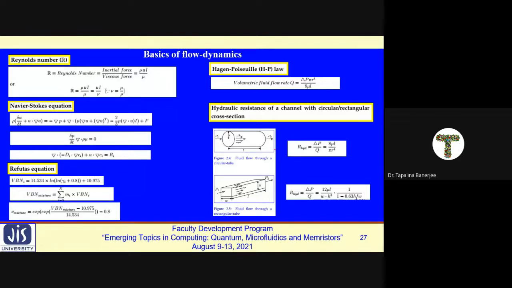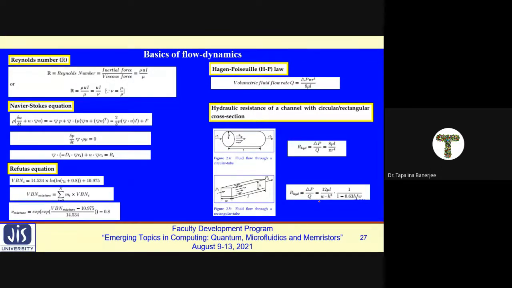If we map this into fluid mechanics, it becomes pressure drop equals fluid flow rate times fluidic resistance. Based on that, in circular conduits, the hydraulic resistance R hydraulic can be represented like this. Similarly, if the fluid flows through a rectangular tube, the hydraulic resistance will be calculated with this formula.